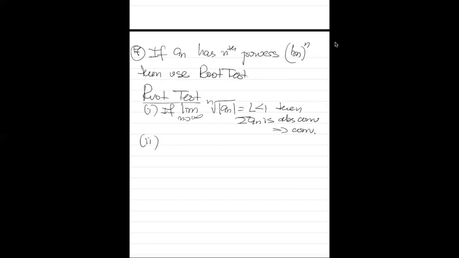Number 2, if the limit of the nth root of the absolute value of a sub n is some number greater than 1, or that limit is infinity, then we have divergence. Number 3, if that limit is exactly 1, then the test is inconclusive.